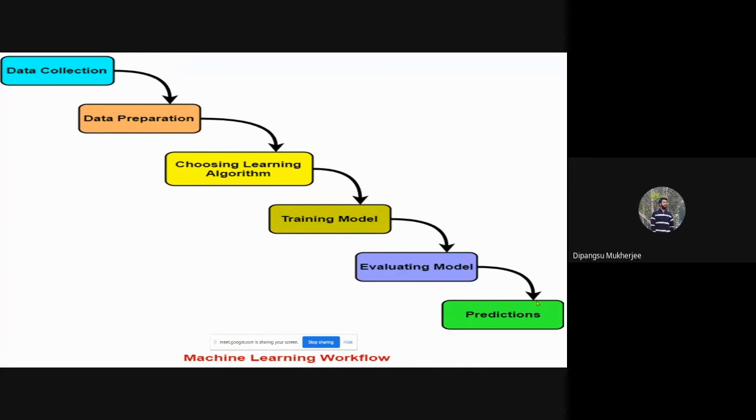We will give our new data, and based on the algorithm and the features, it will predict our output. So these are all the steps of a machine learning workflow, and we have to follow all the steps. No steps can be skipped.